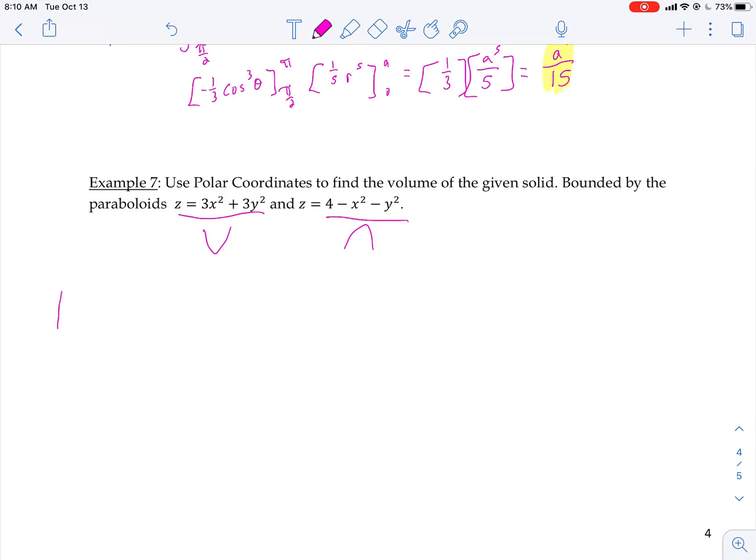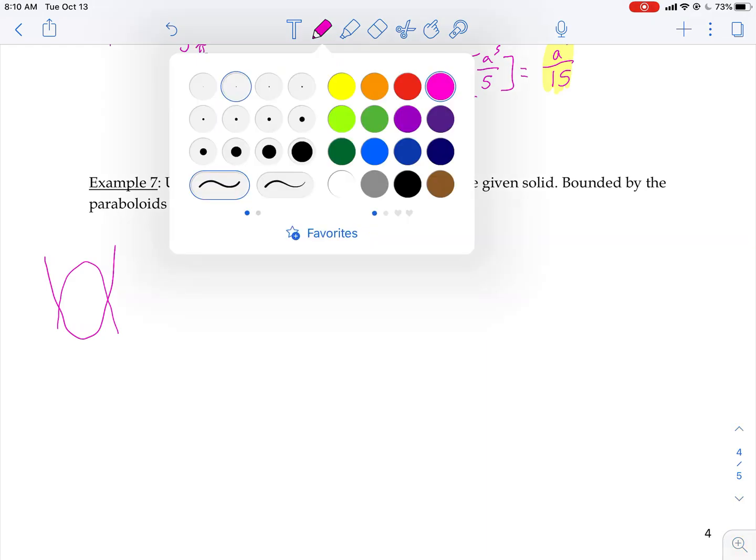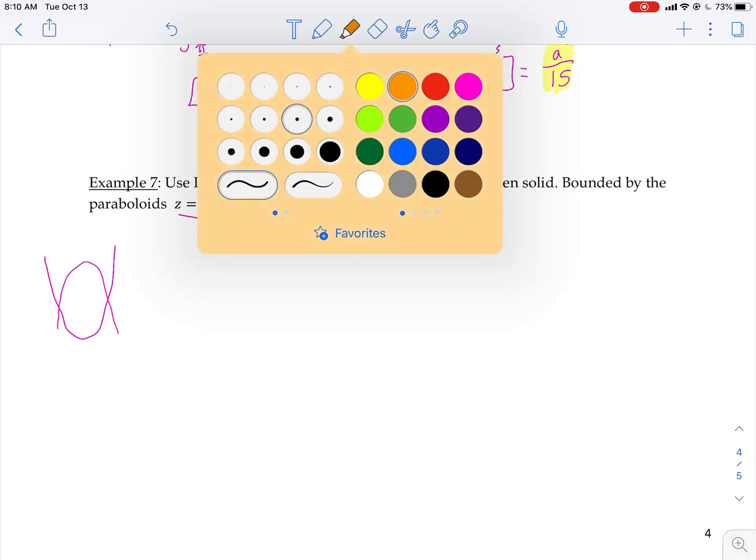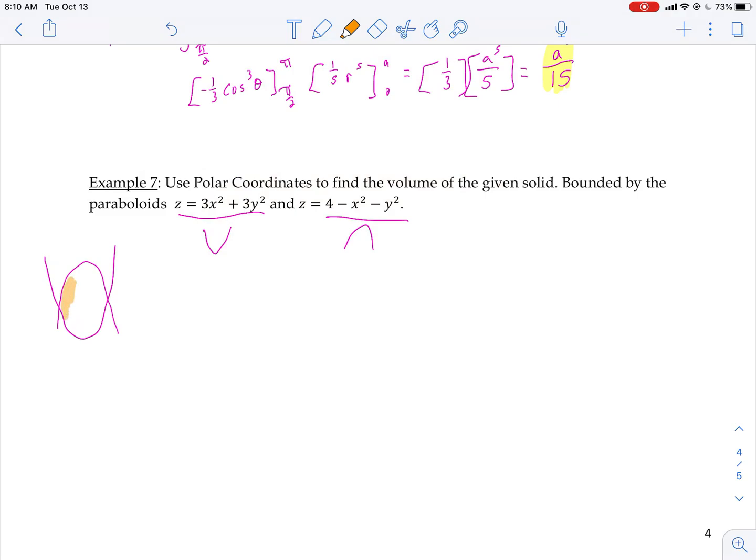So say here's the one that's opening downward, here's the one that's opening upward. I'm trying to find the volume of the inside of these two paraboloids.